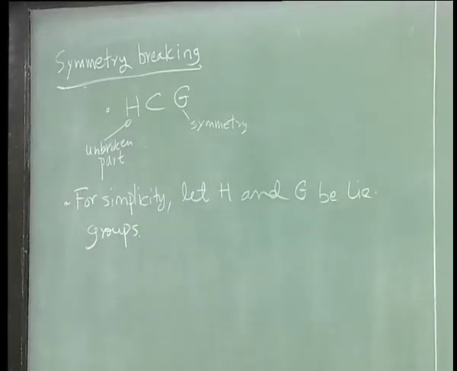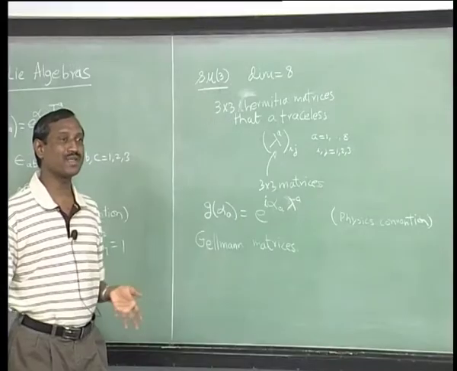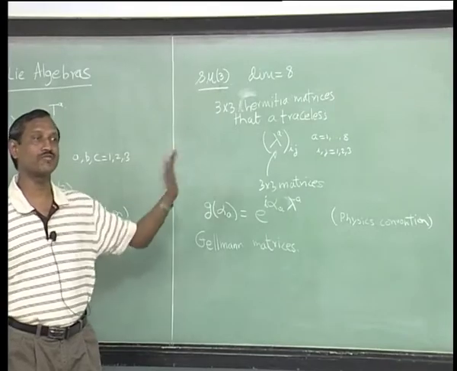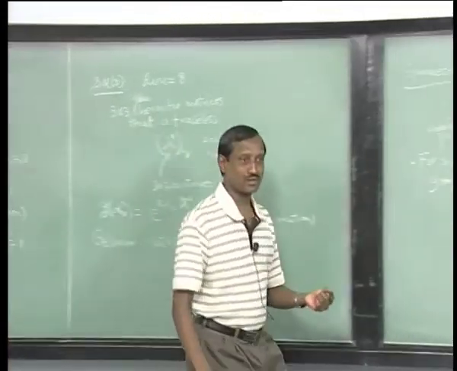Okay. And now one more point here is that H being a subgroup of G tells you that the Lie algebra of H will also be a Lie subalgebra of G. What is the statement?